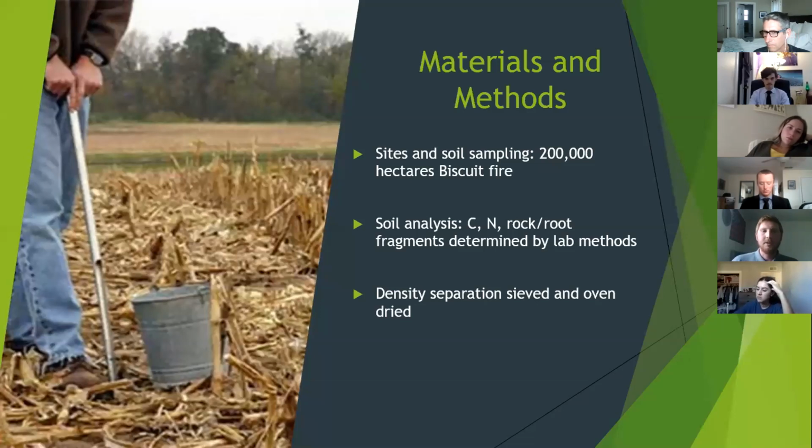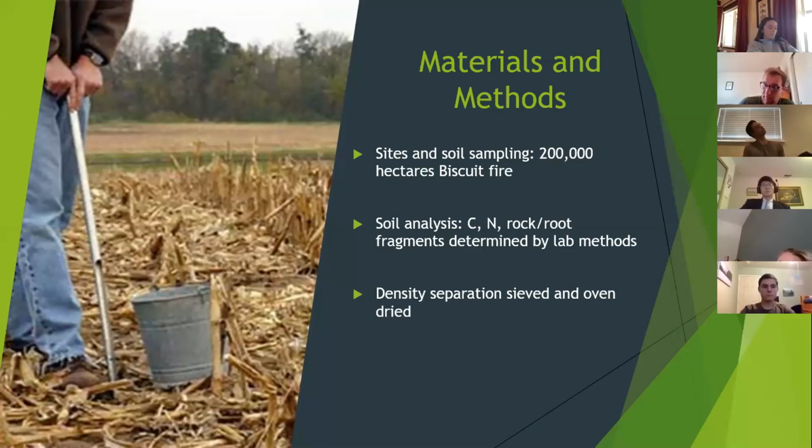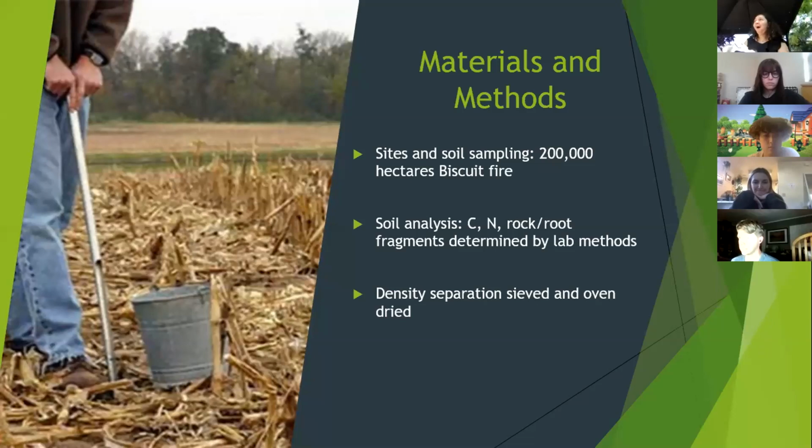For this experiment, soil samples were taken from Oregon's Siskiyou National Forest in 2004. Just 2 years prior, there was a 200,000 hectare Biscuit forest fire. Sites were selected so that variation was taken into account, so that age, aspect, slope, and elevation were minimized.